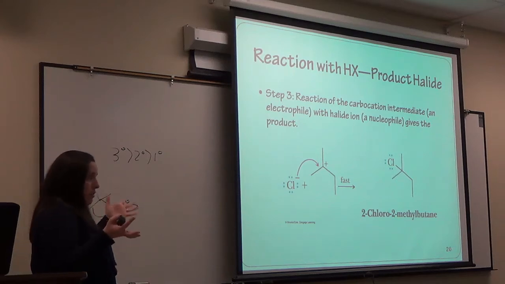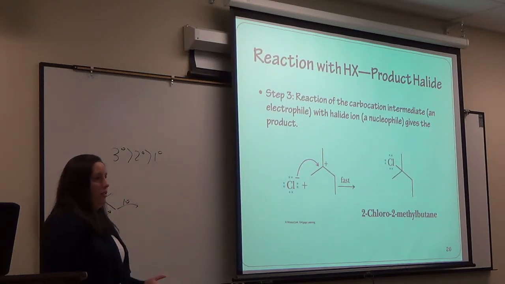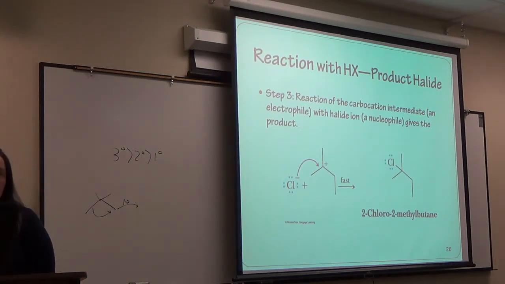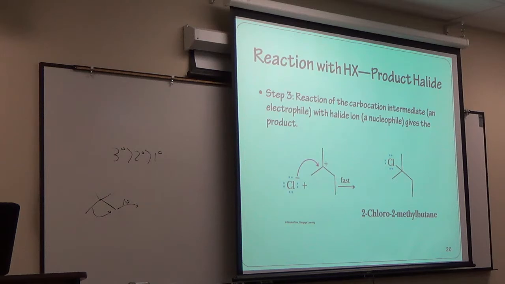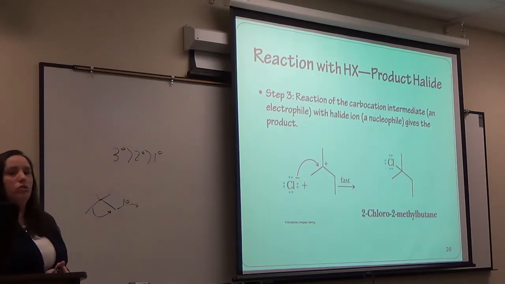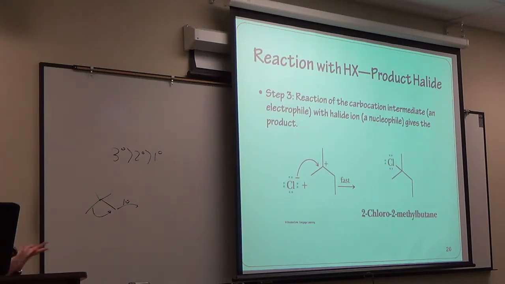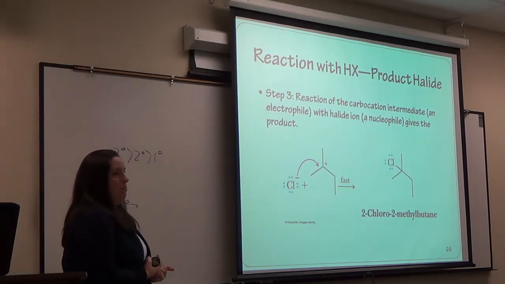And of course, the secondary gives us multiple choices. So that's, in a nutshell, a summary of the reaction with HX. You just want to keep that in mind as you're asked to draw products. Consider that if you have the beta branching, you're going to have that rearrangement.